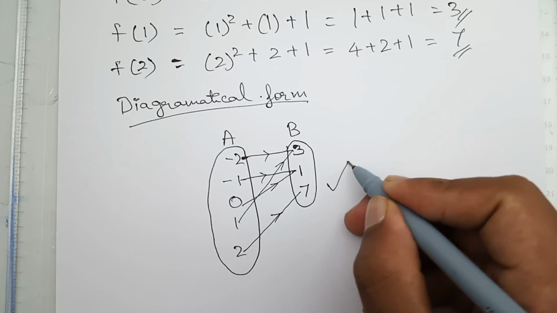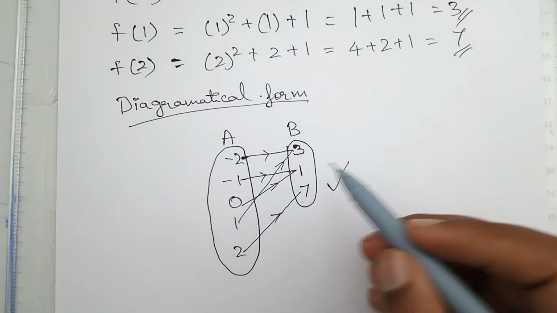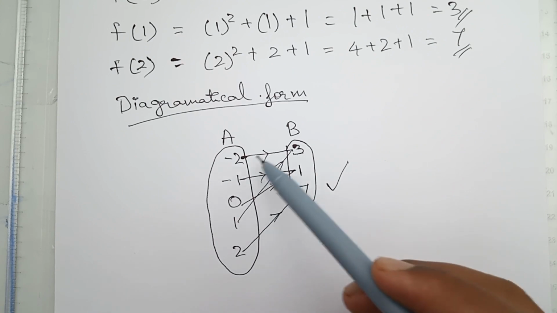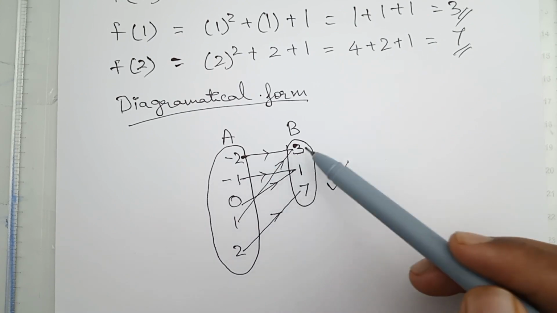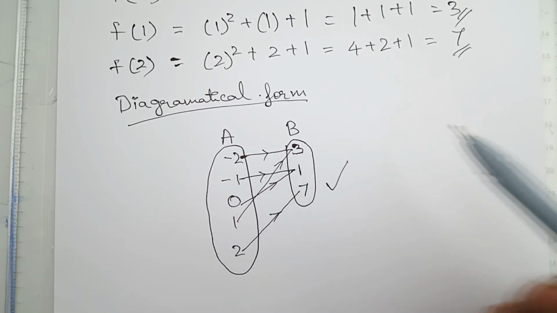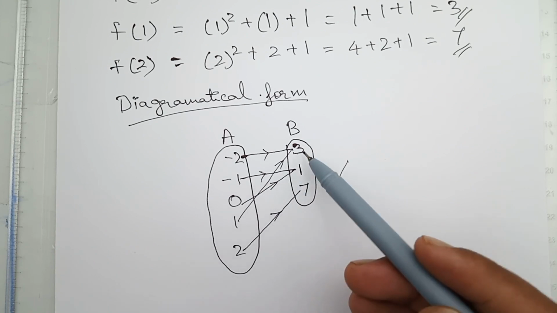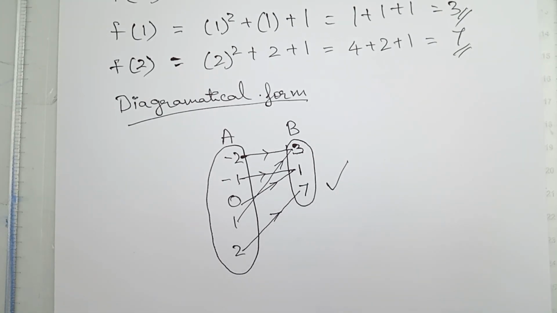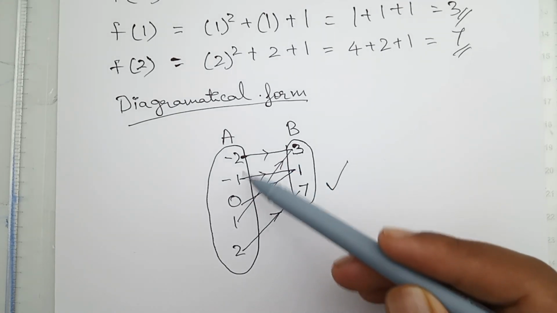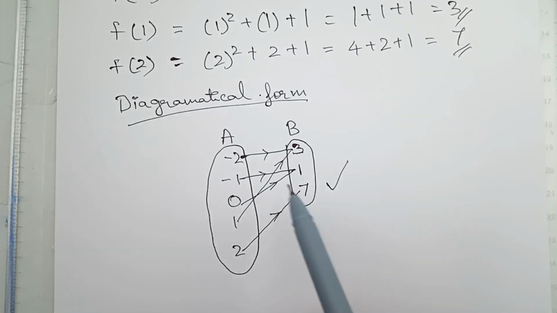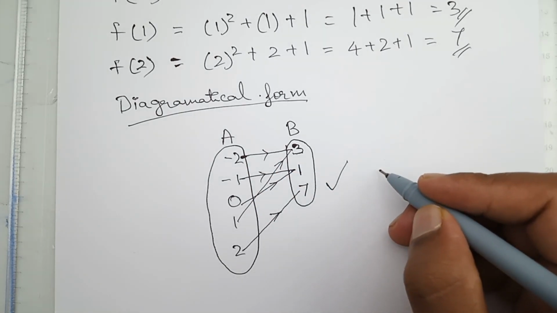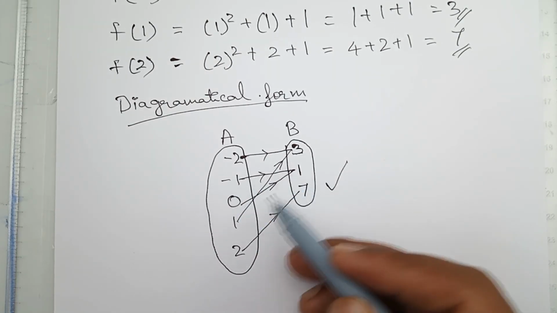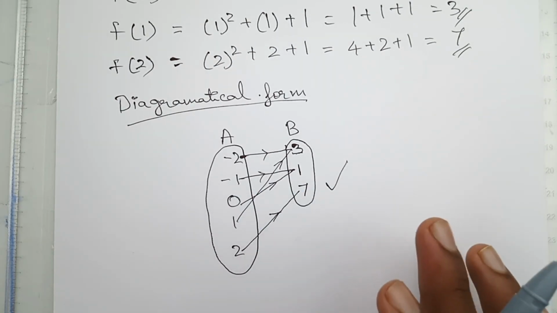It is a surjection, as one element has two images, so we can write these as single. This is the first range, these two are the second range, this one is the third range.